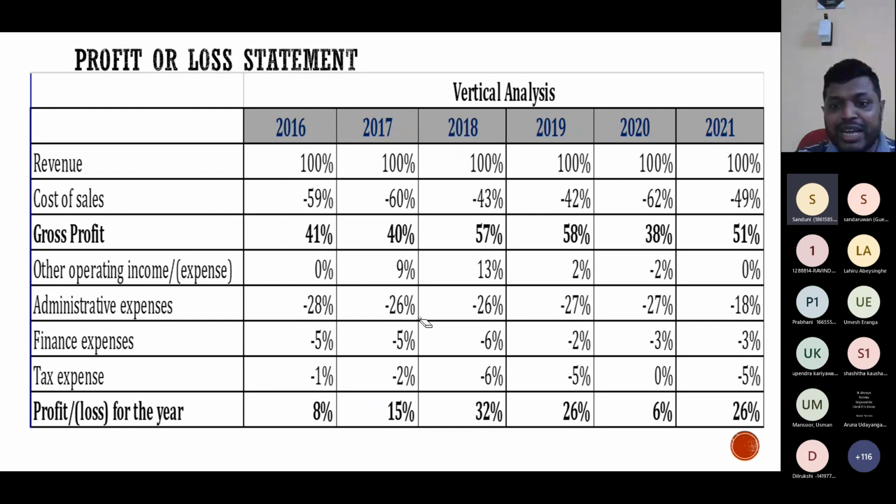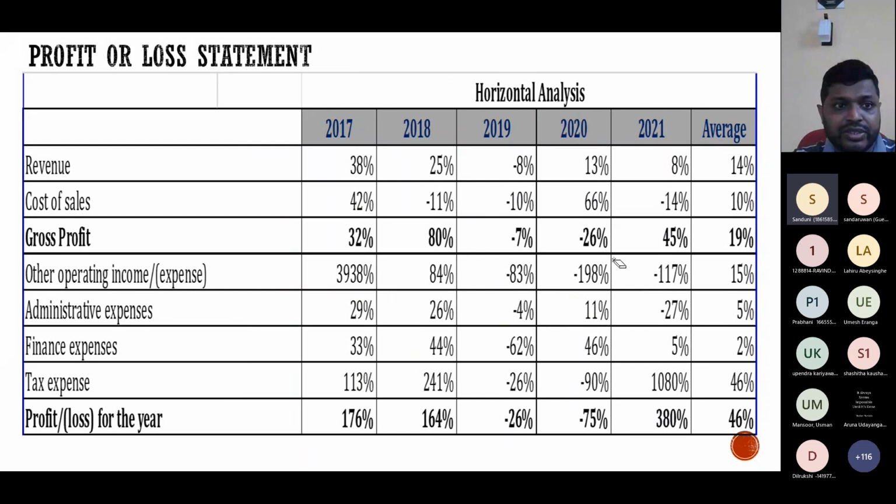Then you can get an idea of why in 2020 the GP margin fell, why the NP margin has fallen. Because the average is around 40, 41, or close to 50, but it fell to 38 in 2020. What is the specific reason?